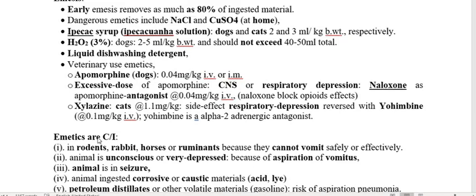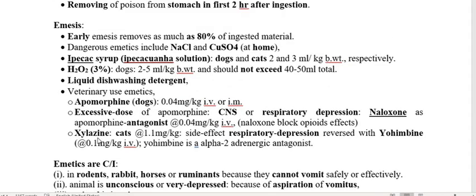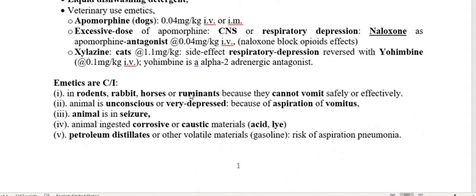So this is all about the emetics that we use in poisoned animals like dogs and cats, and the important drugs are ipecac, then hydrogen peroxide, then apomorphine, then xylazine, and the doses are also written here. Now we have to go through the conditions where we are not going to prescribe emetics to produce vomiting.